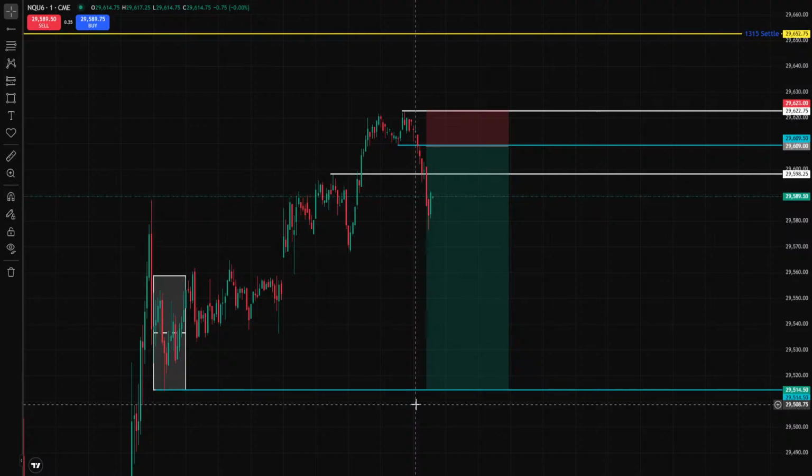We may redress that before continuation higher. And again, tomorrow's going to be considered a holiday, and we're only going to get minimal price action. We may get just the delivery down into that level and half the way to the premium delivering higher, but don't know.